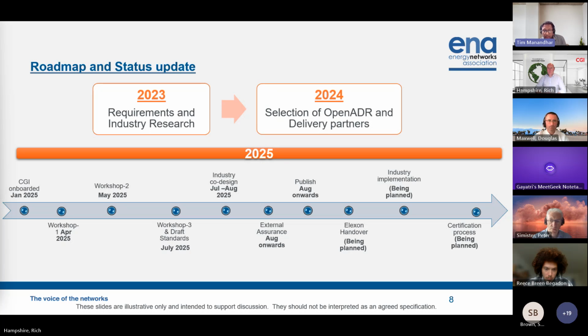As I mentioned, once we publish the standard, which currently we are looking at August onwards, that will form part of the handover, and the next step would be for the standard to get into implementation by network operators like us.